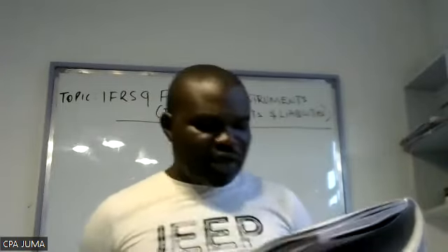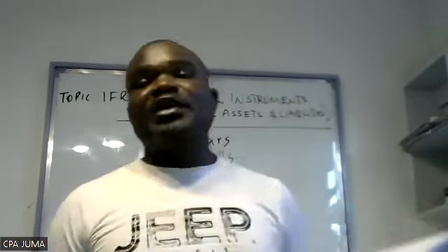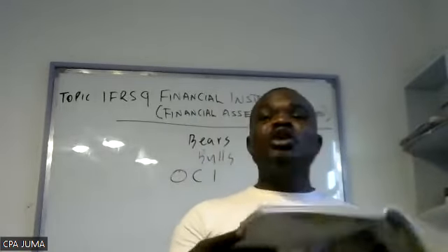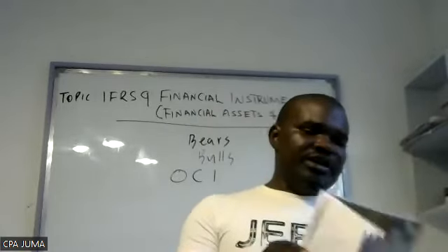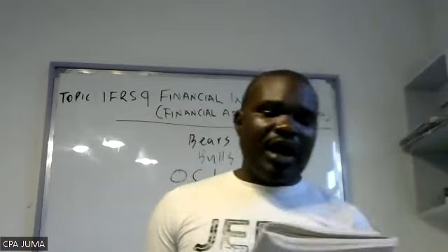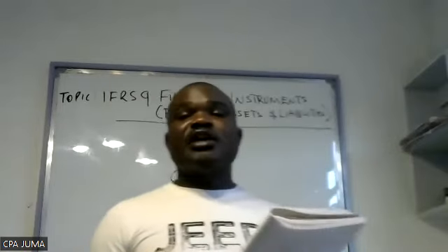So what is the recognition? This is the removal of a previously recognized financial instrument from the financial statement. You eliminate it off the books. Under what circumstances will you eliminate? Circumstance number one, upon expiry of the contract period.